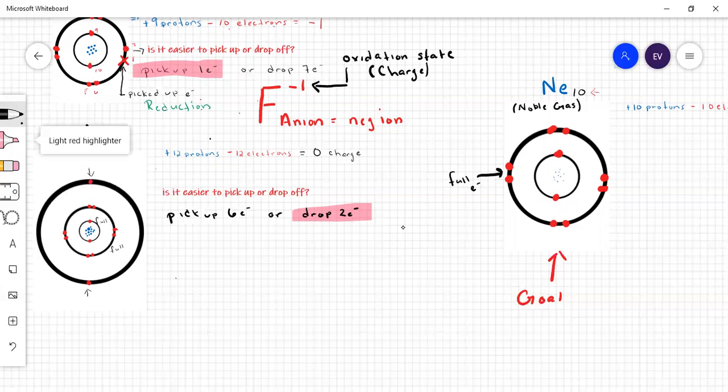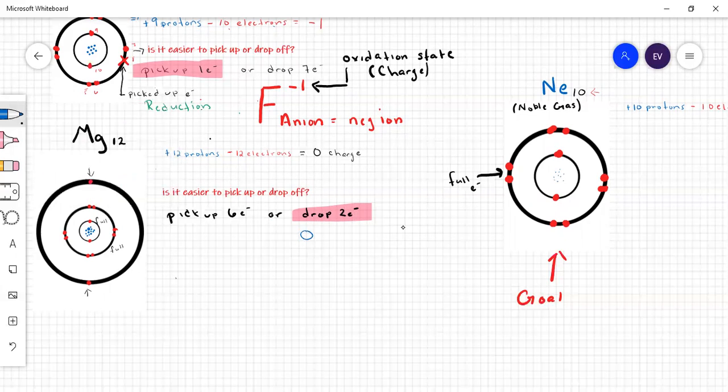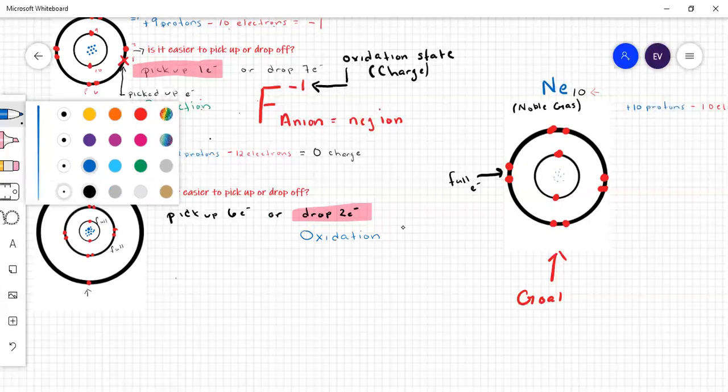When we drop electrons, that process is called oxidation. Okay? Now, what's going on when something oxidizes? Well, we already figured out that we're going to get rid of these 2 electrons. So let's go in there and let's get rid of these 2 electrons.